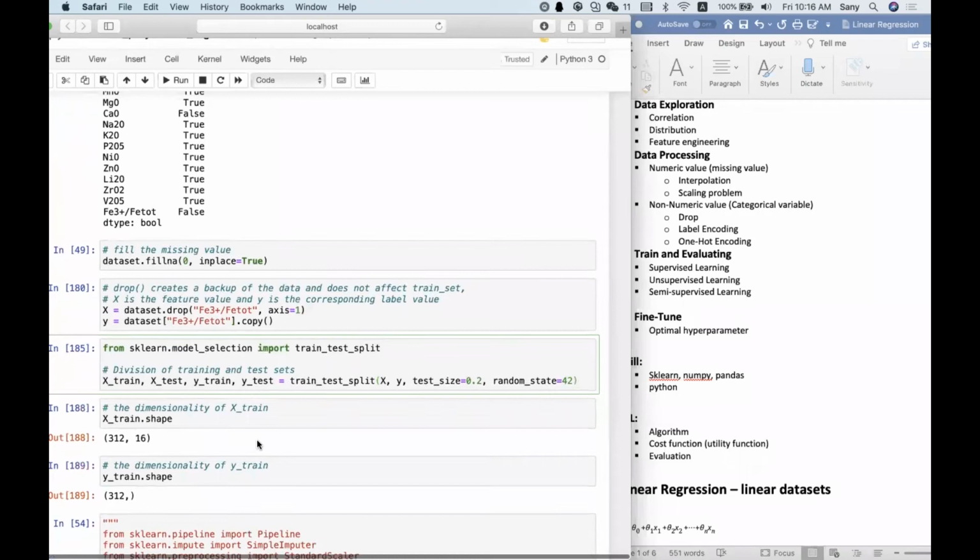Now we need to get the training sets and testing sets. Why is this so important? Because, as I mentioned, we need to evaluate the performance of the machine learning algorithms.